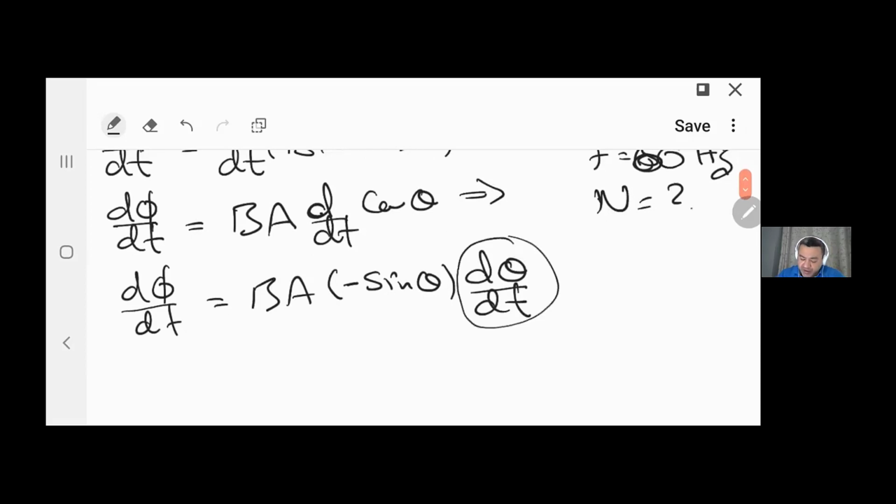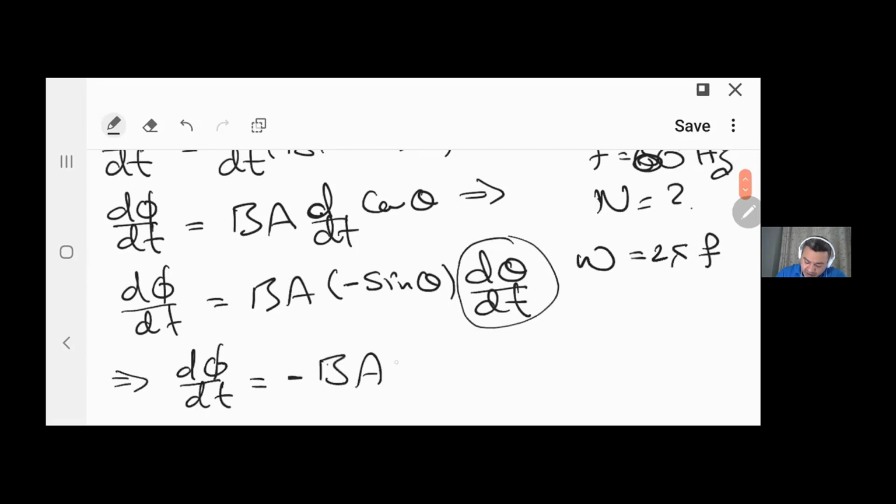D theta over dt is indeed omega, the radial frequency. And we know the radial frequency is 2 pi f. Then this means d phi over dt equals minus B A sine theta times 2 pi f.